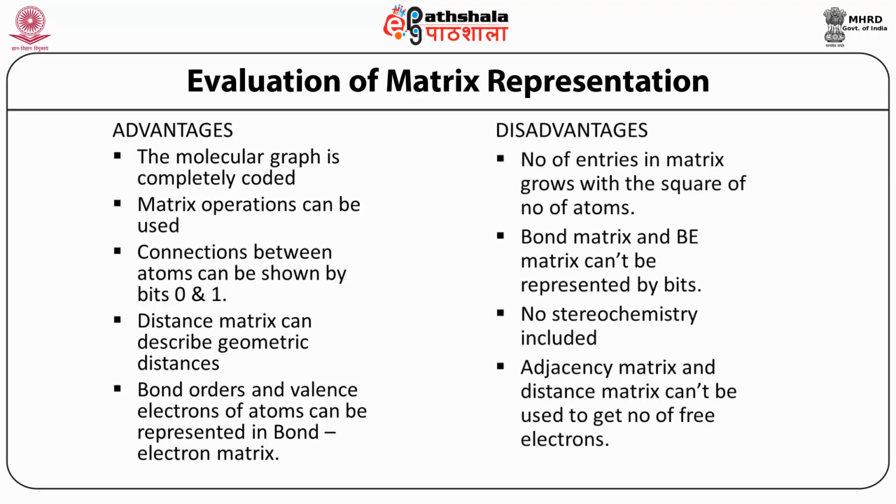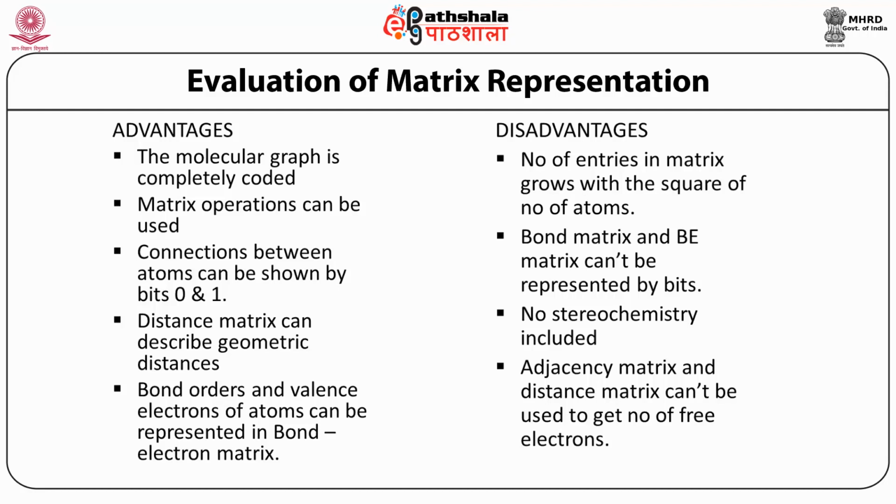Disadvantages: the number of matrix entries grows with the square of the number of atoms. So you can imagine complex molecules will have a huge amount of matrix to work out. Bond order matrices can be represented by bits. No stereochemistry is included. That's the problem.